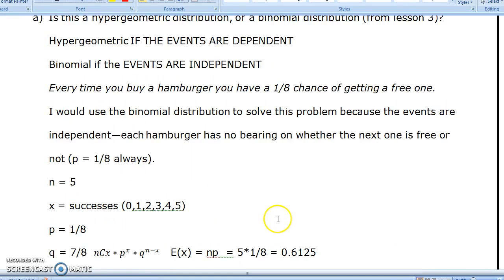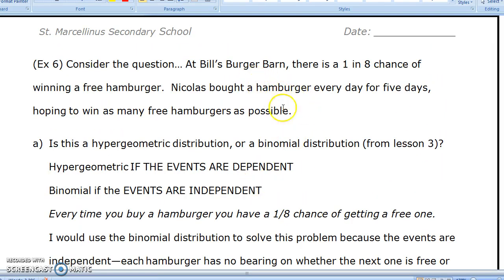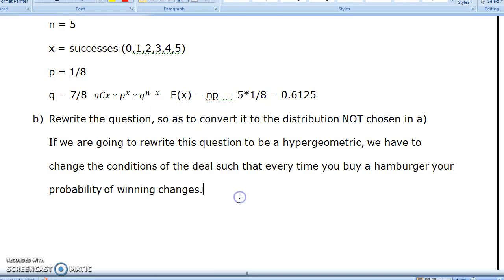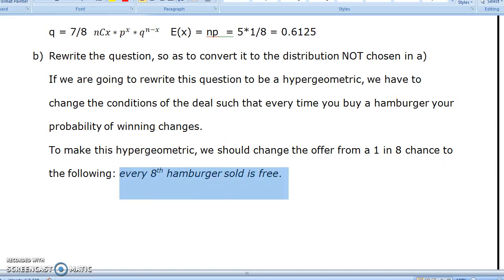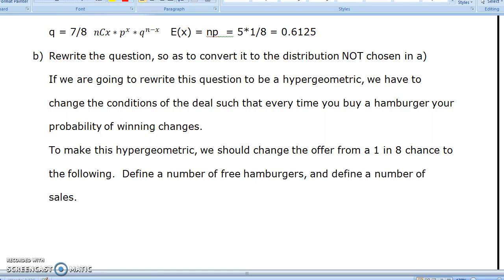I think the way that we could do that, which again is not quite ideal in this question, is to change the conditions of the question. We need to define a number of free hamburgers and a number of sales, so that every time he sells one, the probability would change.